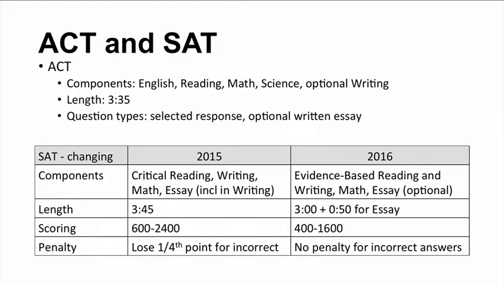That's changing as of January. They're going to that same model used in the PSAT, where they've got evidence-based reading and writing, math, and that essay is optional. The time's about the same as it has been in the past, but it's dropping back down to 1,600 as the top score, and there again is no penalty for incorrect answers anymore.